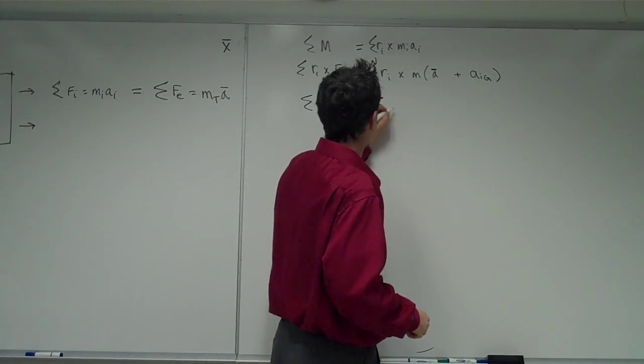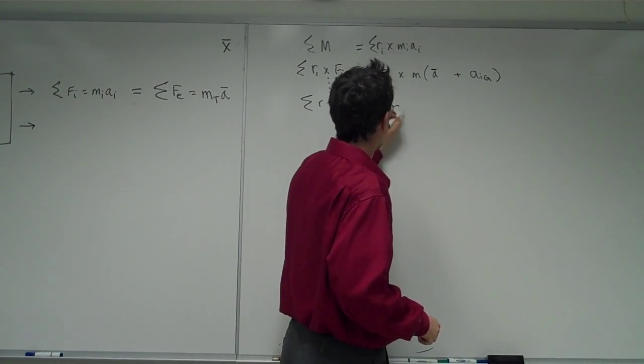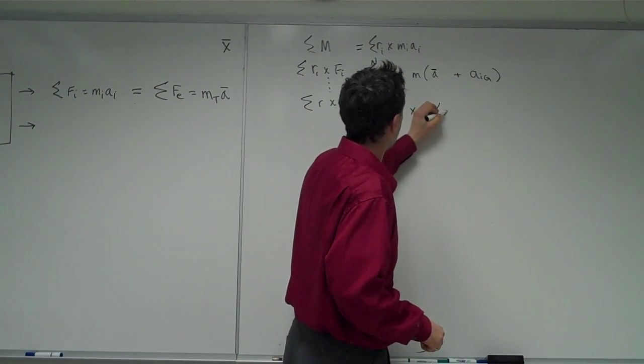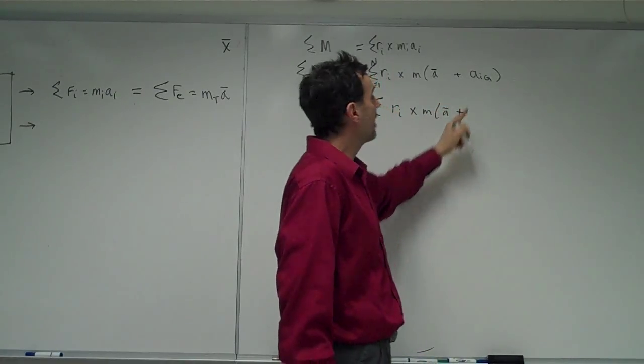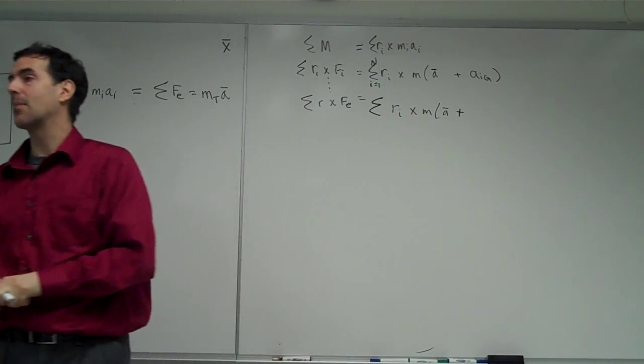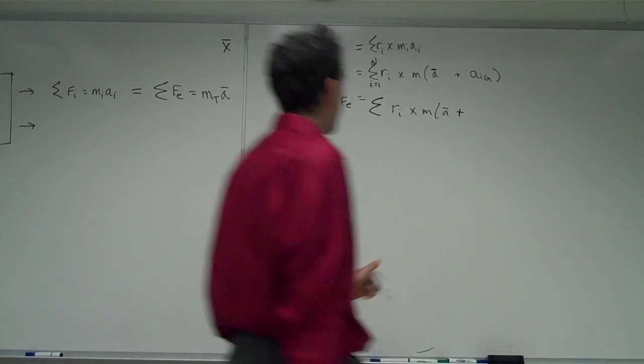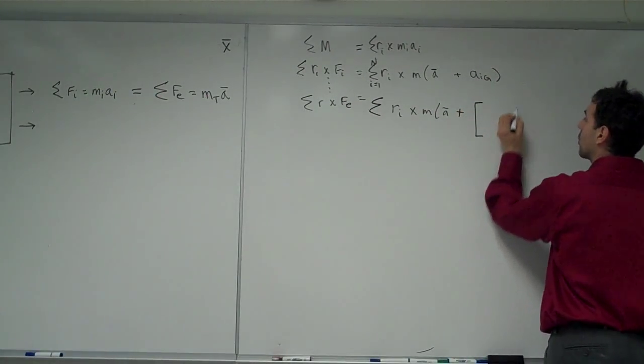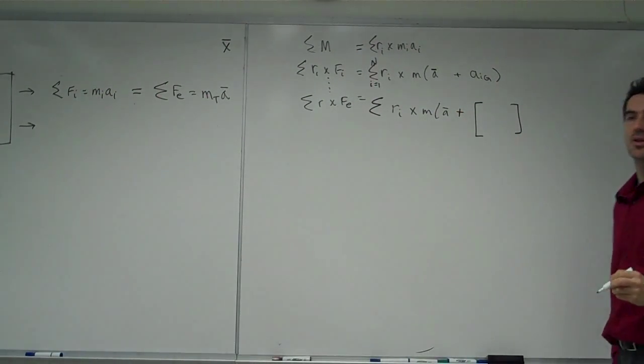And one thing we did last class was we wrote this r_i cross m a bar plus, and I wrote the acceleration of point i compared to the center of mass as a vector, but I wrote that vector in radial and transverse components.